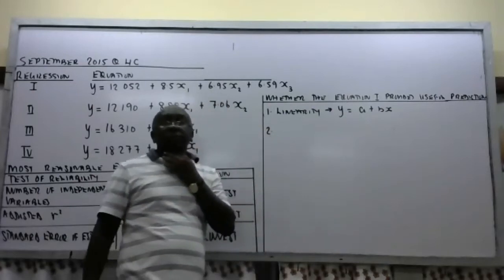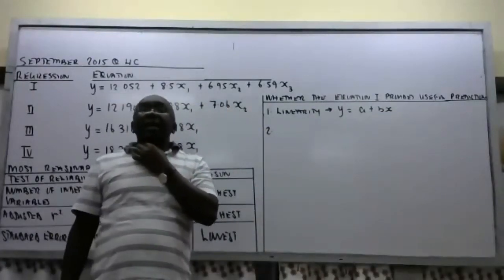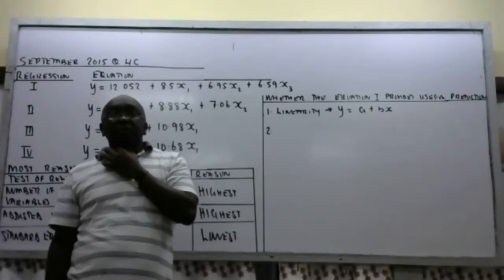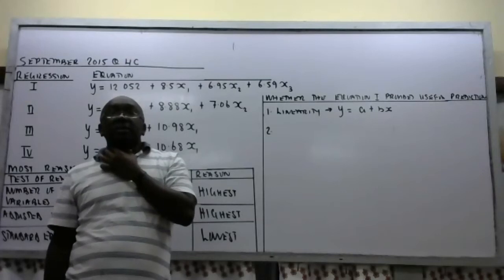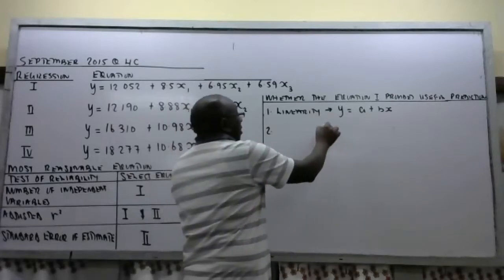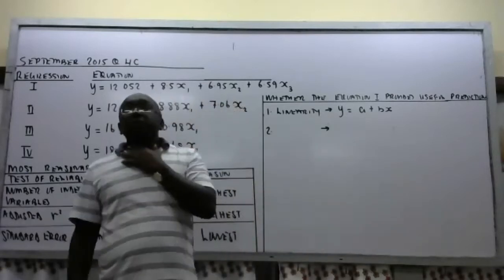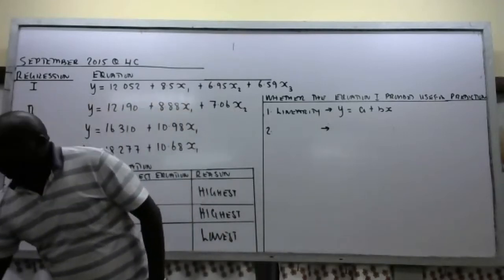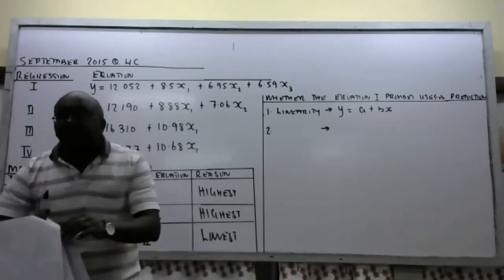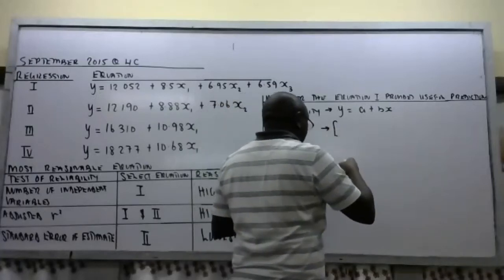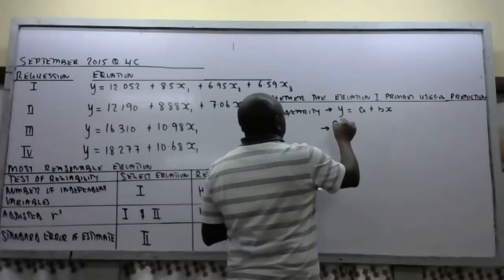Number 2, independence of the independent variables. And we explain none of them, and maybe in brackets we can list those ones so that in case you're not very sure.